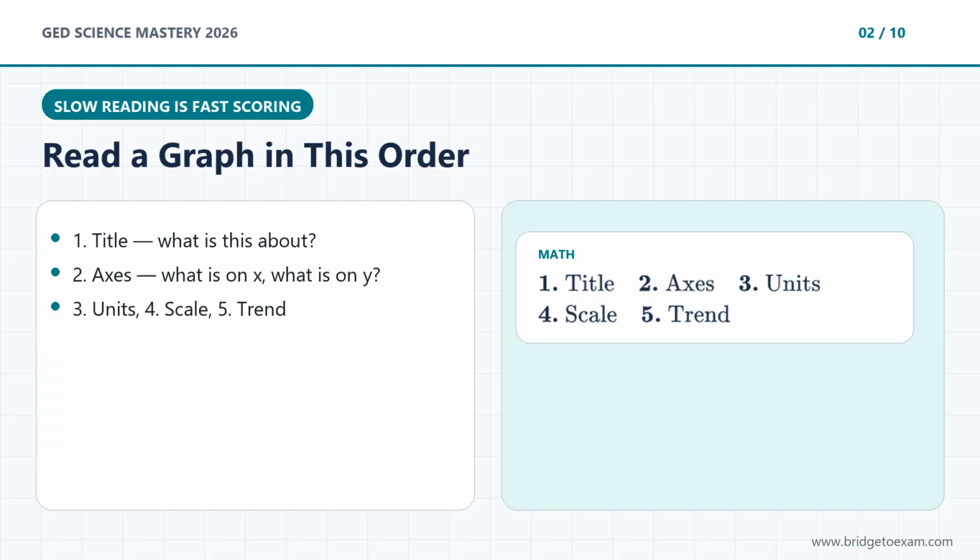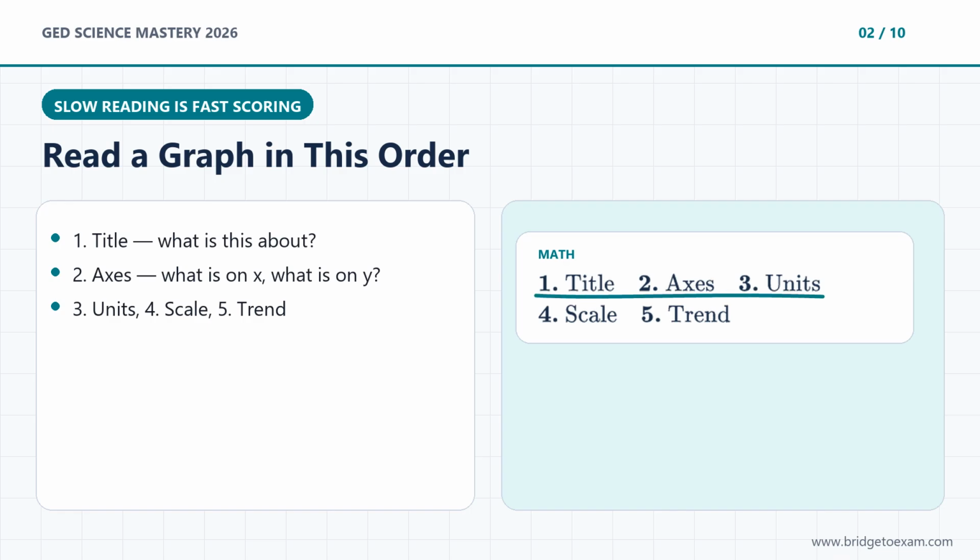A graph is really a story squeezed into a picture. And there is a calm order for reading it. First, the title. What is this even about? Second, the axes. What does the bottom, the x-axis, show? And what does the side, the y-axis, show? Third, the units. Degrees Celsius, minutes, grams, meters.